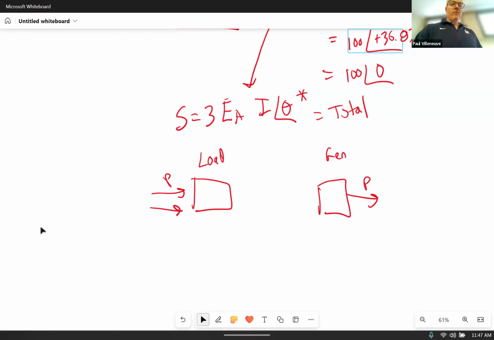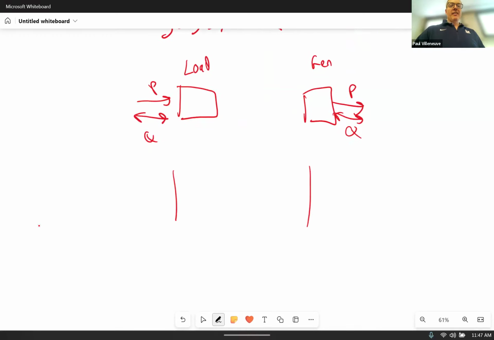But Q can go in either direction. And the way that we dictate if P is in or out is by looking at the angle. That's P. So P flows from theta 1 to theta 2.